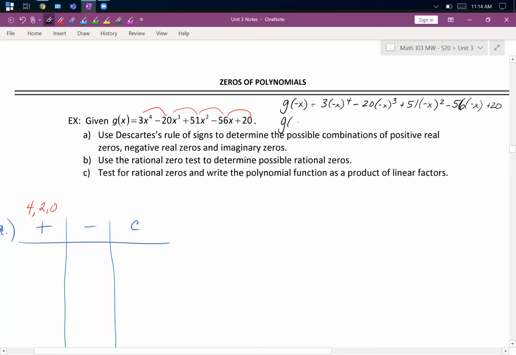So g of negative x is going to be 3x to the 4th plus 20x to the 3rd plus 51x squared plus 56x plus 20.